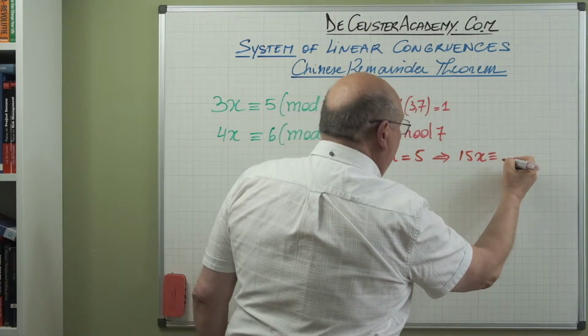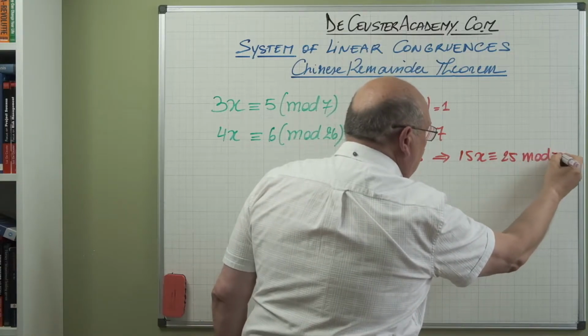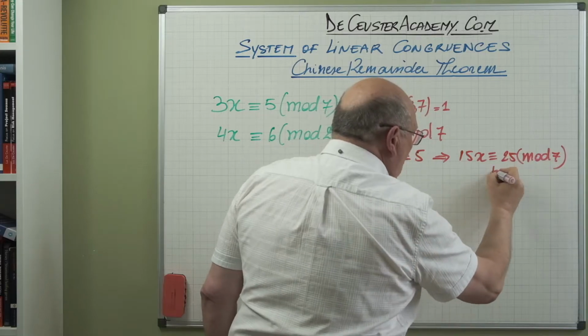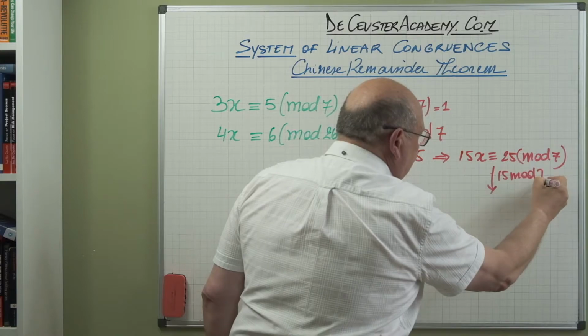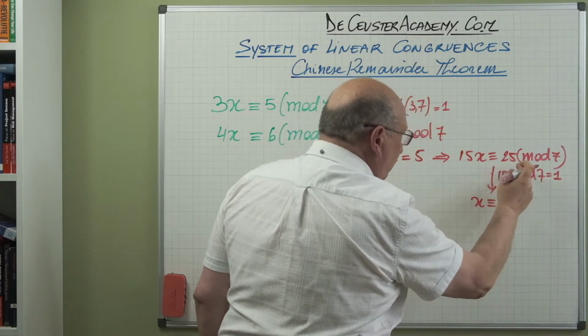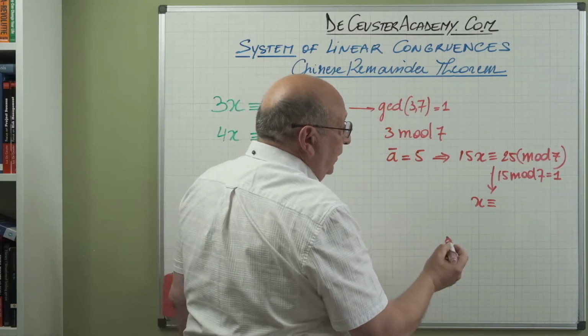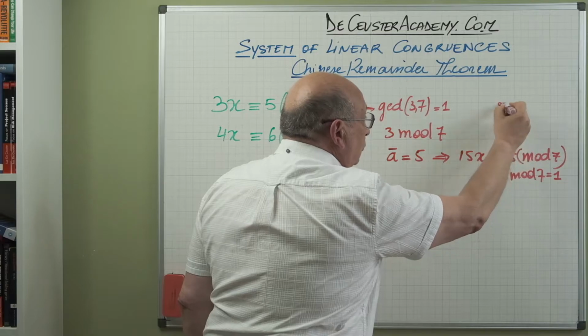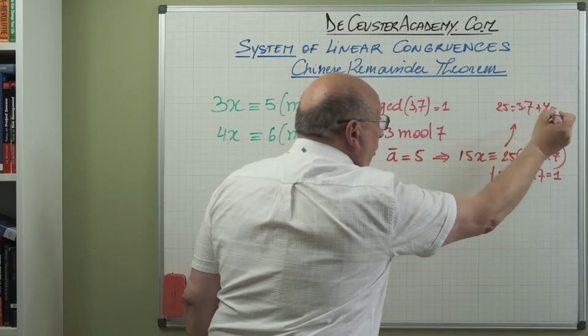25 modulus 7. What we know, 15 modulus 7 is equal to 1. So we find x is congruent 25 modulus 7, but 25 we can also write as 3 times 7 plus 4.